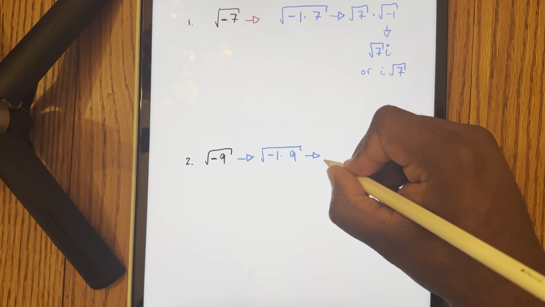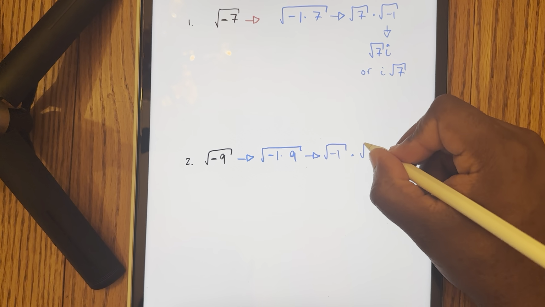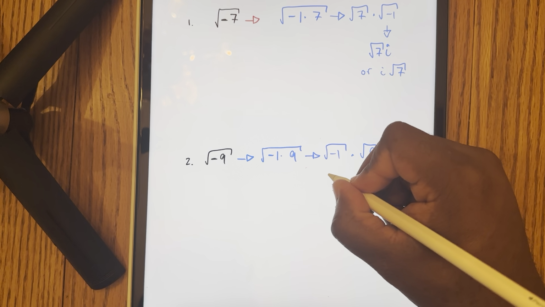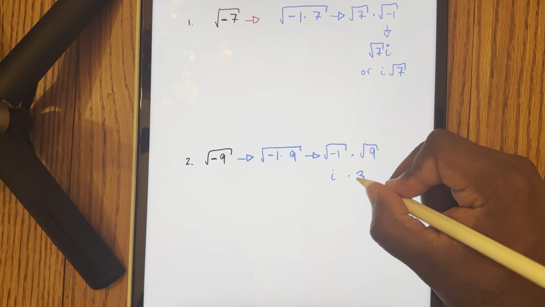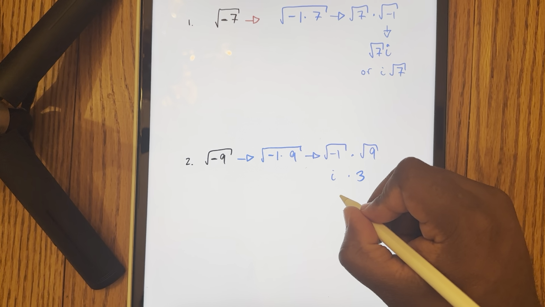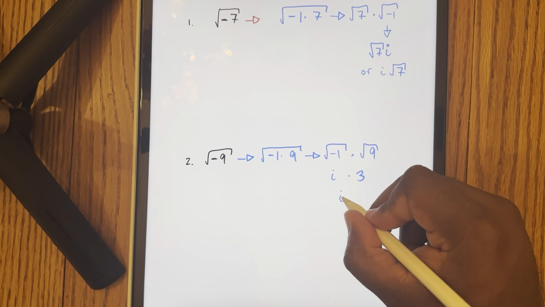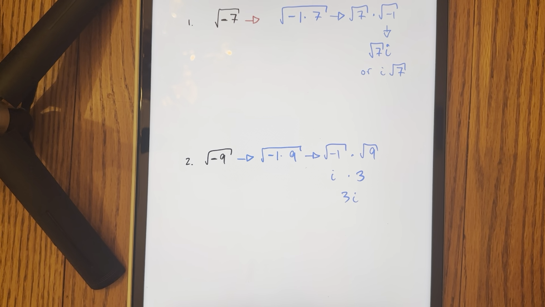And then that would split to the square root of -1 times the square root of 9. Well, we know the square root of -1 is i, and the square root of 9 is 3. So that then leaves us with i times 3, or 3i. So that would be your final answer here.